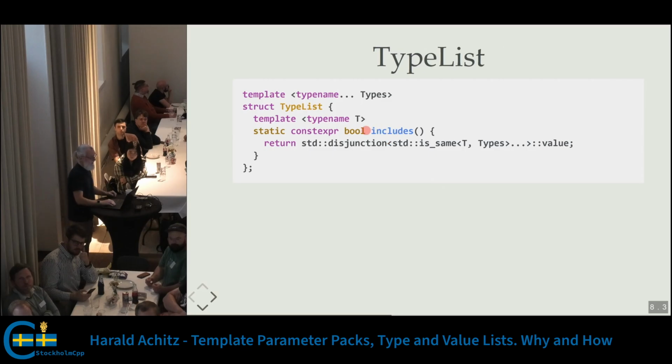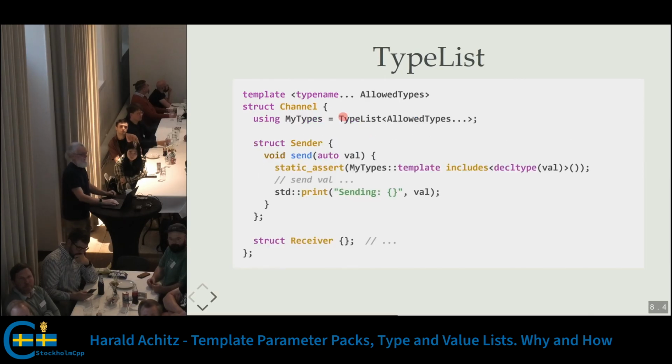And why is this useful? So check this, where we have a channel, and I define a channel with a list of allowed types. I have a sender. You can send in whatever, but this whatever needs to be included in the types of the allowed types. If not, the code will not compile. Simple as that.